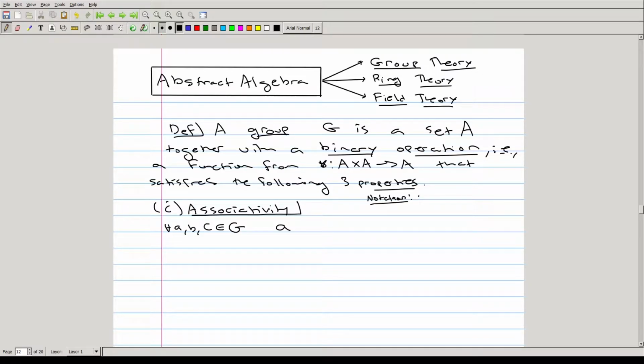Typically, instead of writing star of A, B, where A is an input from this set and B is an input from this set, we typically write A star B. So associativity is that (A star B) star C will be equal to A star (B star C).